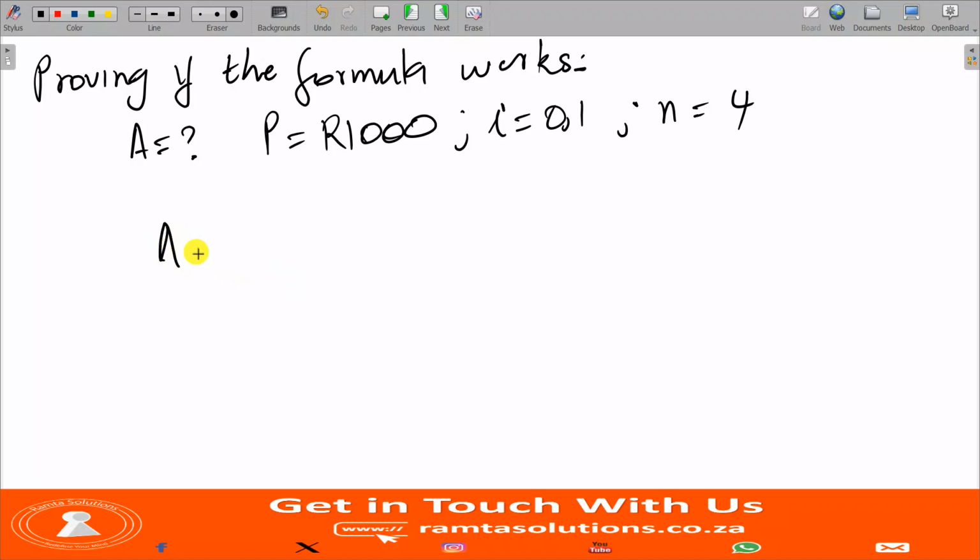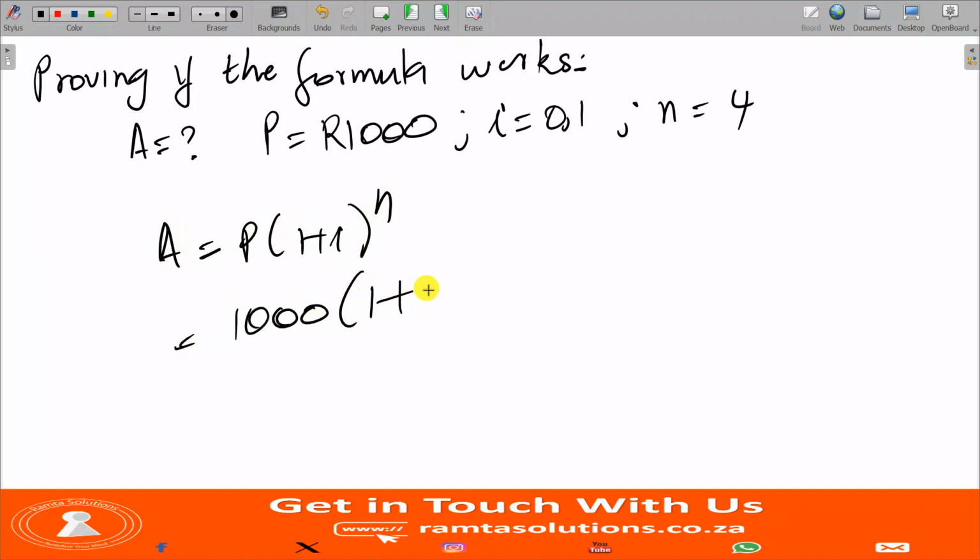So now let's see, A equals P(1 + i) to the n. 1,000 rand into (1 + 0.1) to the 4. Let's check: 1,000 rand into 1.1 to the 4. So what did we get? We are getting 1,464 rand and 10 cents.